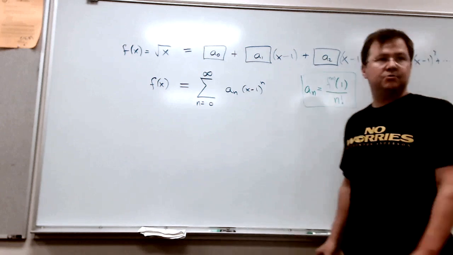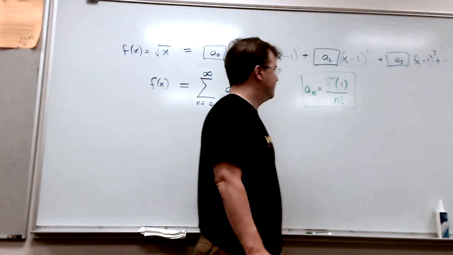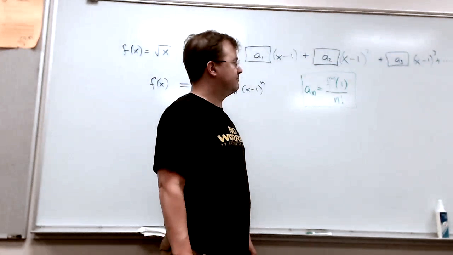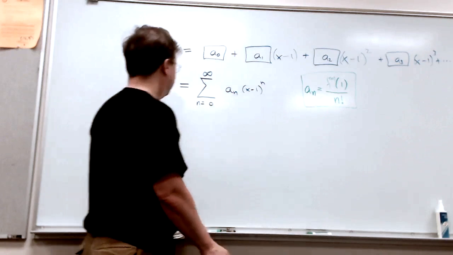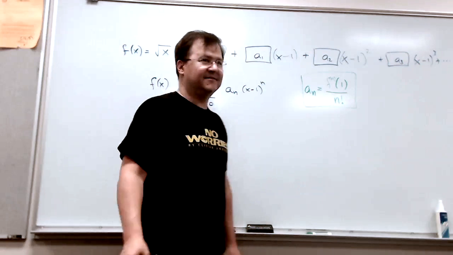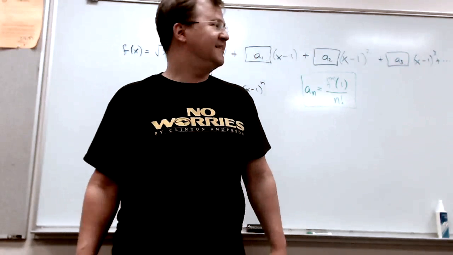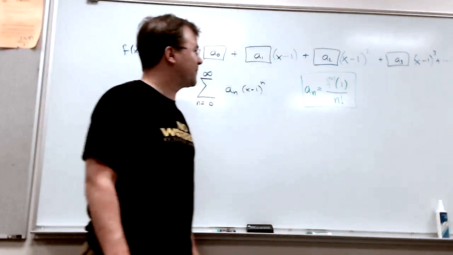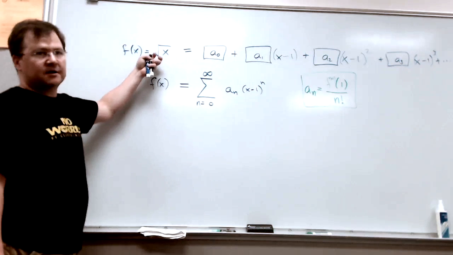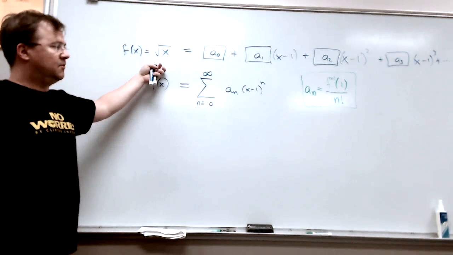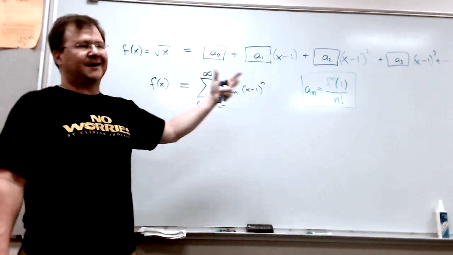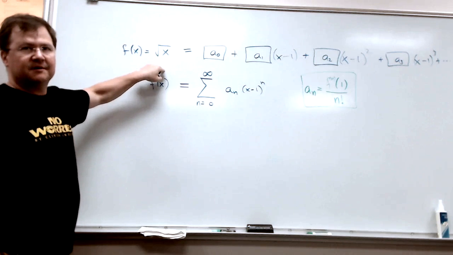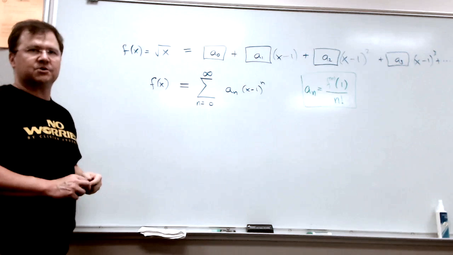So lots of things you can do. Lots of sleight of hand going on here. But what I can see is that once I know all the derivatives of this, then I really have a good idea of what's going on.